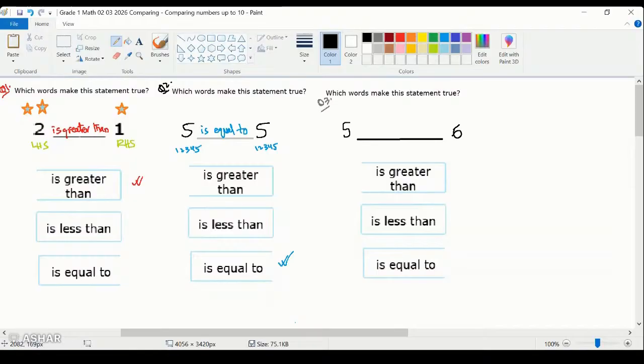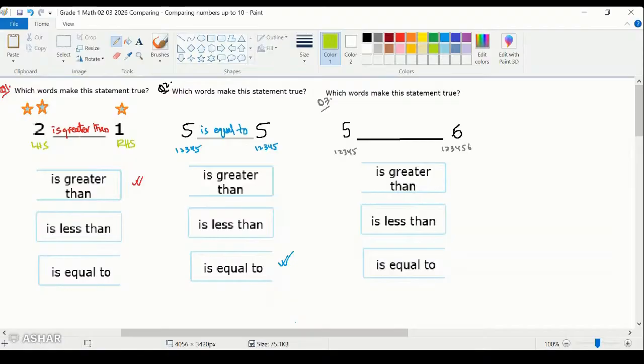Which should be greater, 5 or 6? That means we have how many numbers here? 1, 2, 3, 4, and 5. But over here we have 1, 2, 3, 4, 5, and 6.